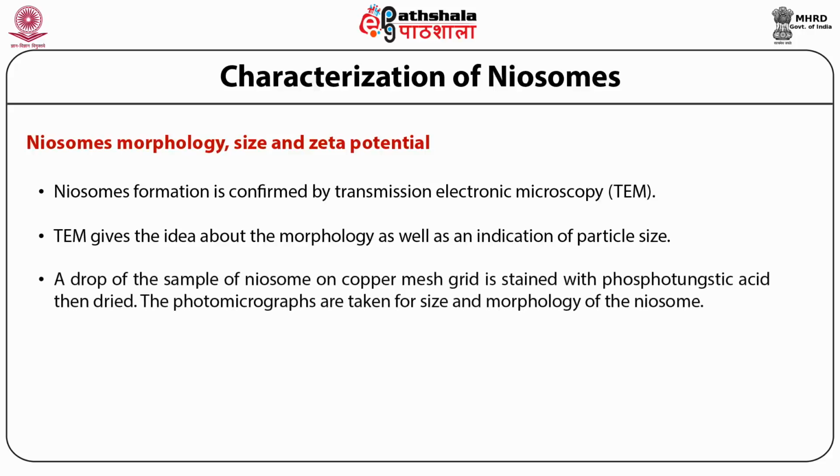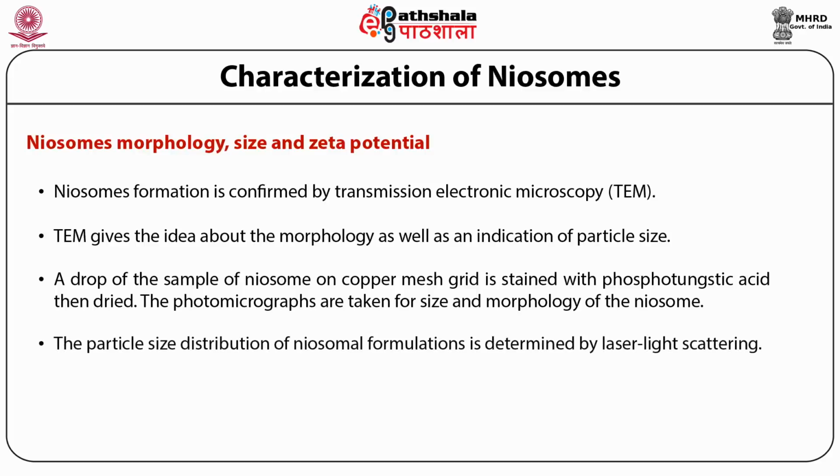Here, a drop of the sample of neosome is placed on a copper mesh grid and is then stained with phosphotungstic acid. After drying, the photomicrographs are taken for size and morphology of the neosome.